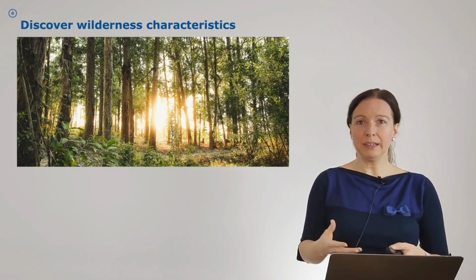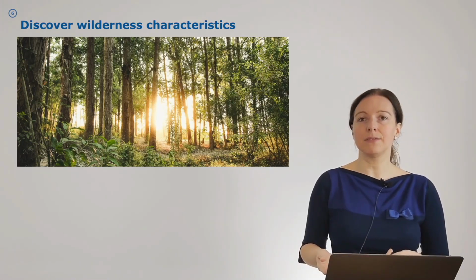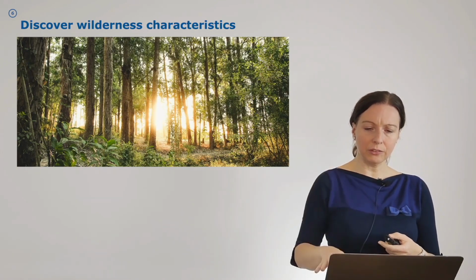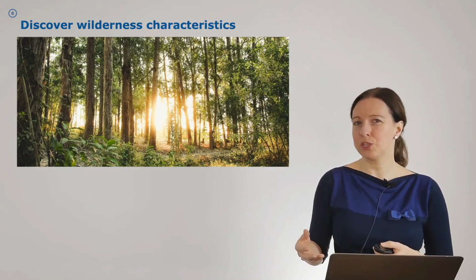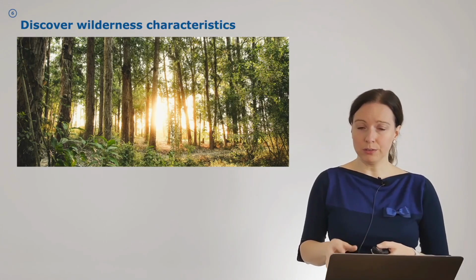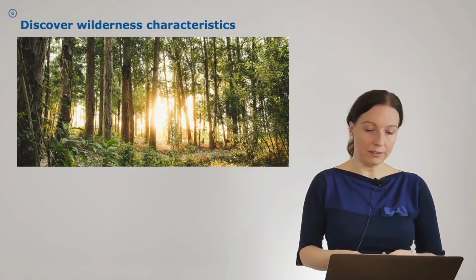There are existing definitions of wilderness, but they are not really technical, so it's hard to use them for machine learning. What we want is to find out which appearances are typical for areas with no or little human influence.